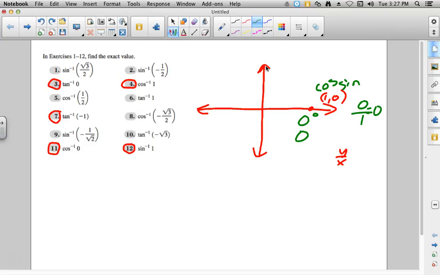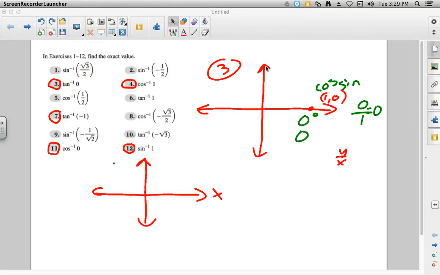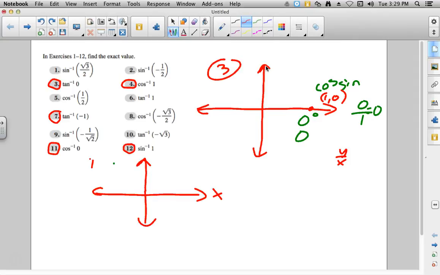So generally, if things come out to 1, 0, or -1, you may be looking at a quadrantal angle. 1 is sometimes a 45, 45, 90, but most of the time we need to start thinking about those quadrantal angles. Then number 4. I've got a new drawing down here, but we actually could have just used the same drawing, because notice that our quadrantal angle here has a cosine of 1.